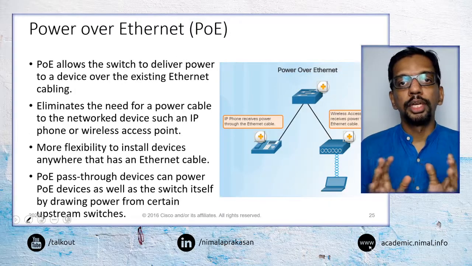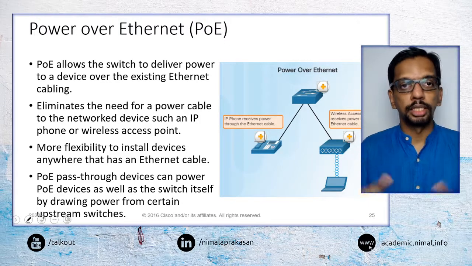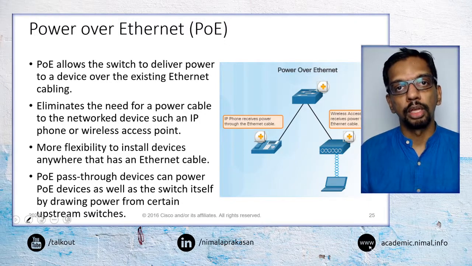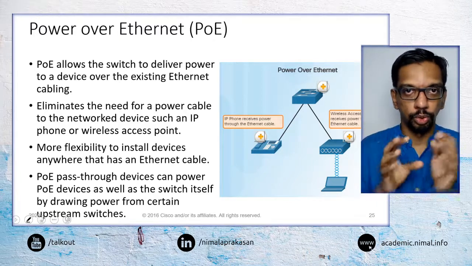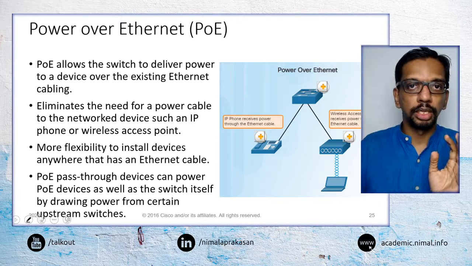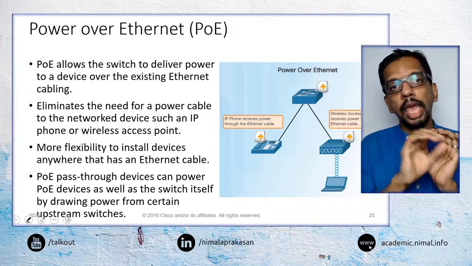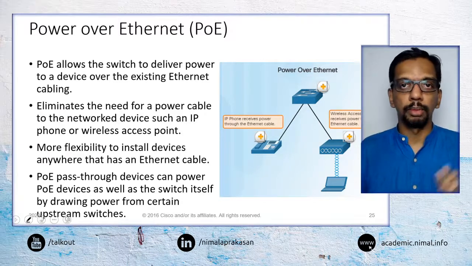Particularly of interest these days, in terms of building larger networks, is the capability of power over Ethernet. What happens is that any device that is connecting to the switch through Ethernet can also be powered through the same connectivity.